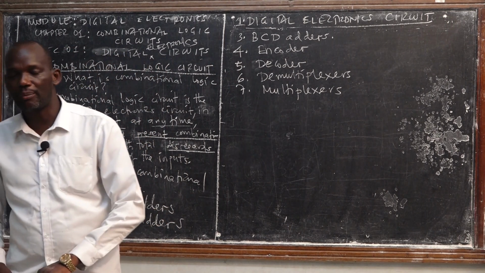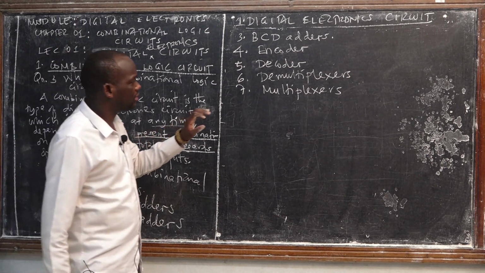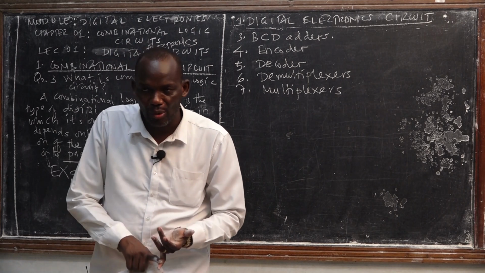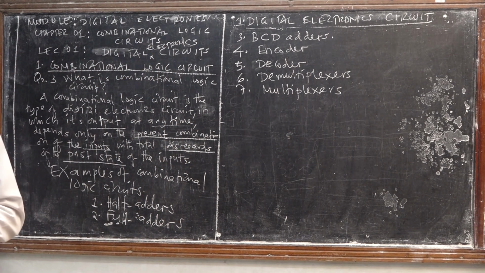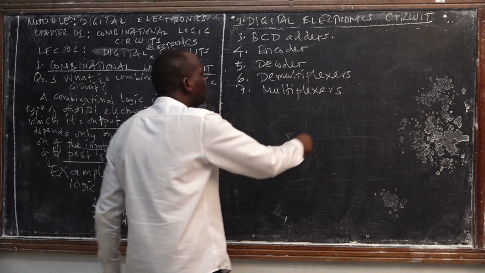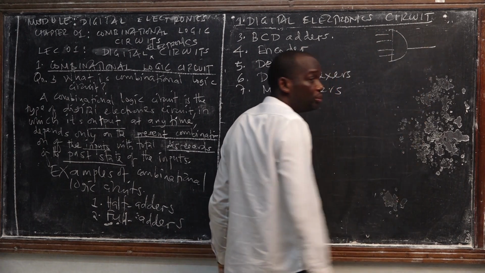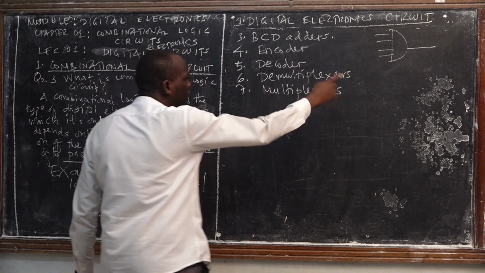Multiplexers are often used in communication. For example, in television communication, in radio communication, in cellular communication, even in the internet. What is the function? A multiplexer receives different inputs and combines them, then gives a single output. The demultiplexer is the vice versa of this one.